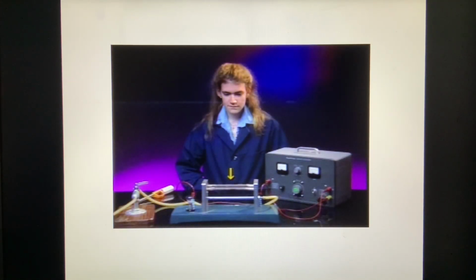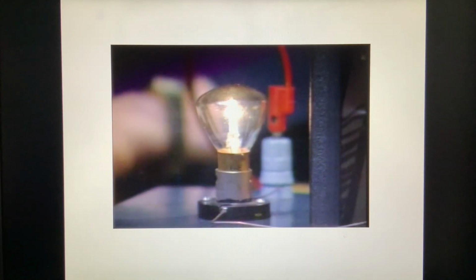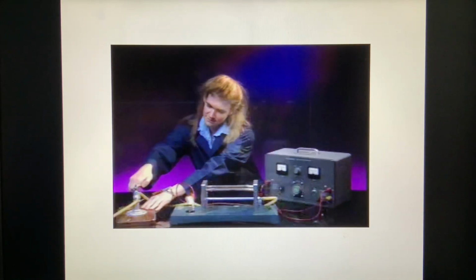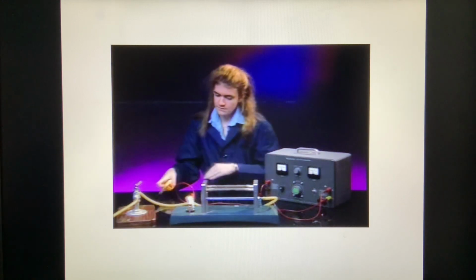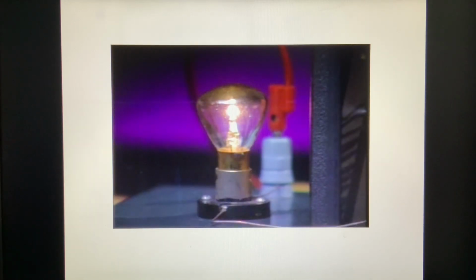This iron wire in series with this small lamp will be used to demonstrate the effect of heating on resistance. A current is sent through the wire and the bulb, which lights brightly. When a gas flame is lit beneath the wire, current through the wire drops and the bulb dims.